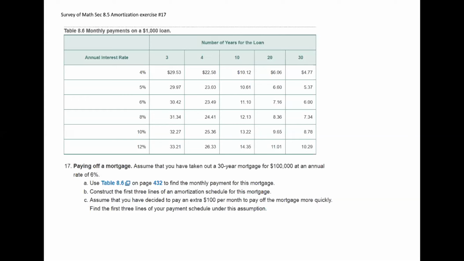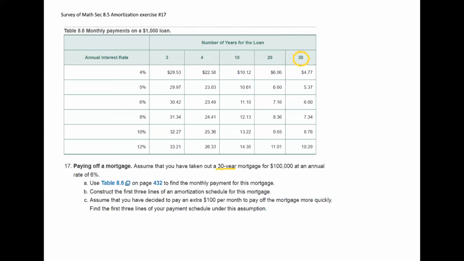So if we look at this table above, we want to look for where we have a 30-year mortgage. So number of years of the loan at the top is listed at 30 years and an annual interest rate of 6%.